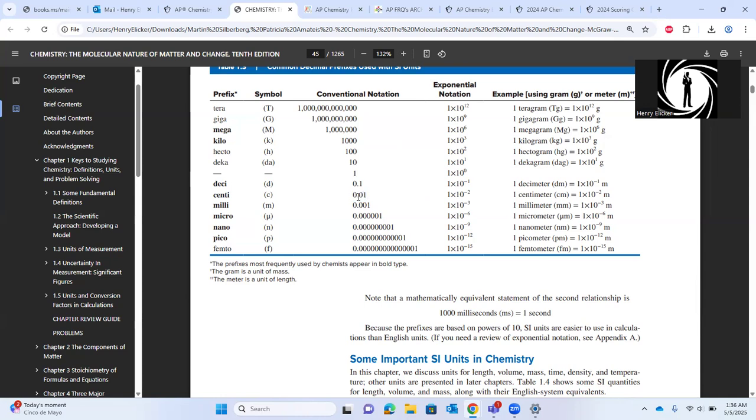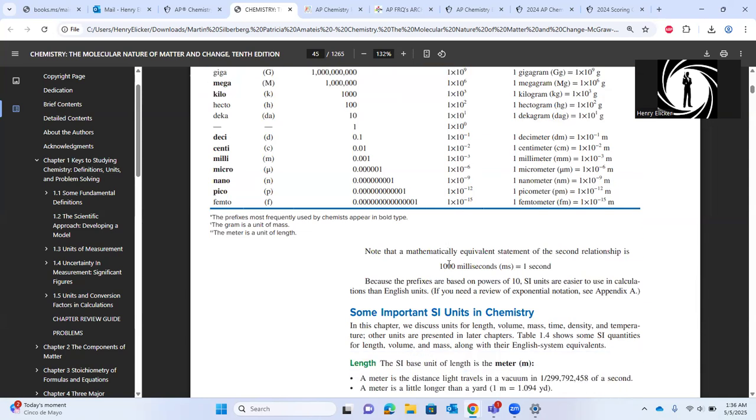So centi literally means 100th, a fraction of something. Centi means a multiplication factor of 10 to the negative 2. So 1 centimeter literally means 10 to the negative 2 meters. It's 100th of a meter.